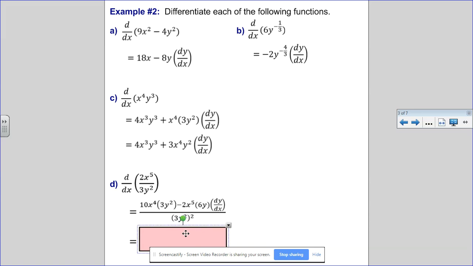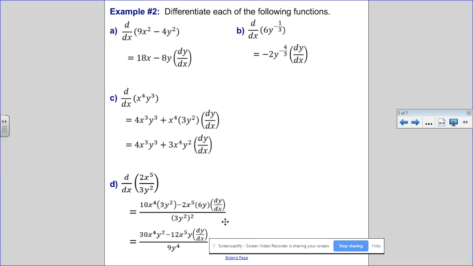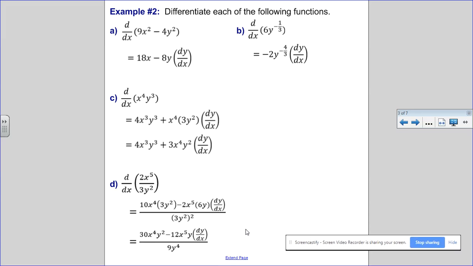Even though it's in y, we don't have a tag along for this y. And this is our derivative. So again, multiplying 3 times 10 to get 30, 2 by 6 to get 12, with our tag along there, and then squaring the bottom, which is 9y to the power of 4. So again, not the prettiest solution, but it is done.